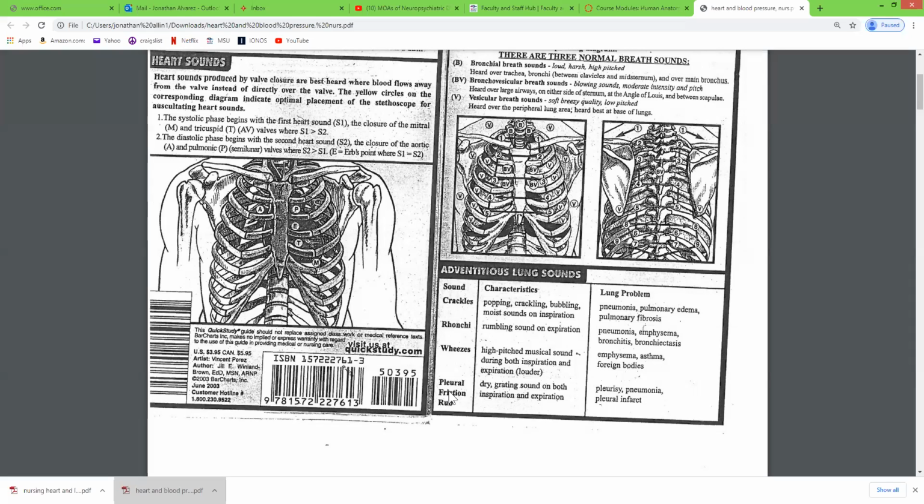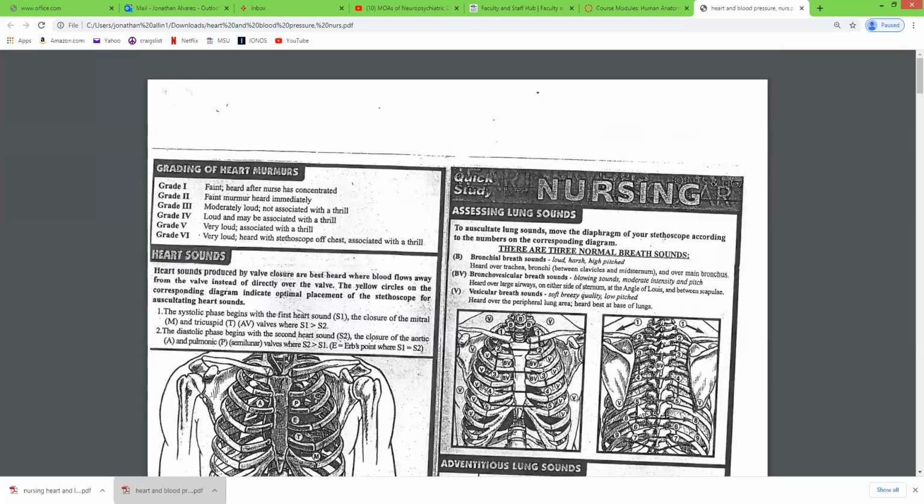And what that does is it creates a certain sound that they call friction rub. Okay, a dry, grating sound on both inspiration and expiration. Think pleurisy, or a type of pleuritis, inflammation of the pleura, pneumonia, or a pleural infarct, such as a pneumothorax. Okay, so that would be friction rub.